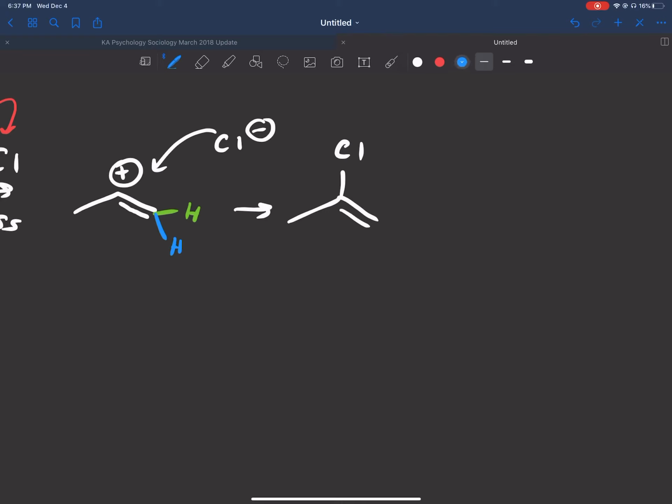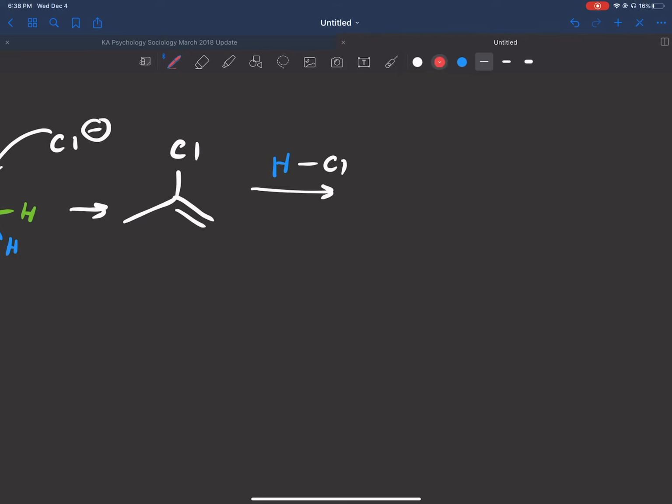Now we're going to react it with another HCl. All right, and then we're going to react. This is going to grab the hydrogen, kicks this guy out. You're going to form a carbocation now on the carbon with the chlorine.